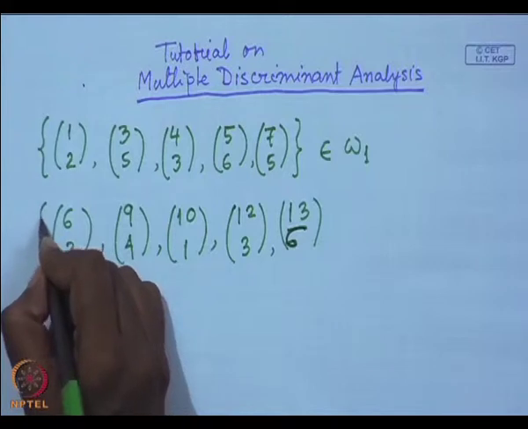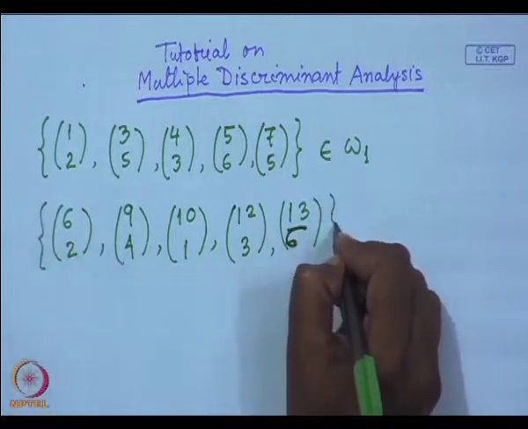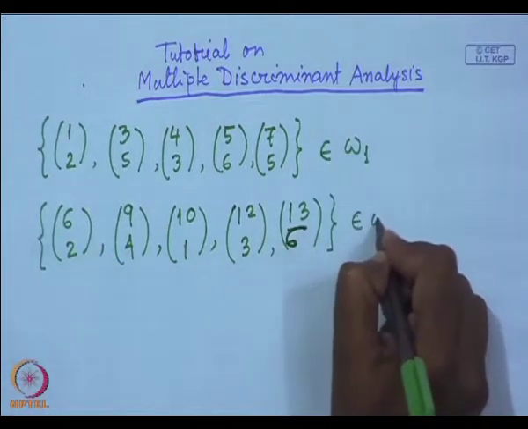And these are the feature vectors which are taken from class omega 2.